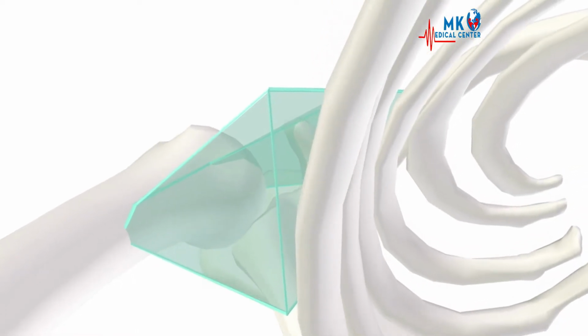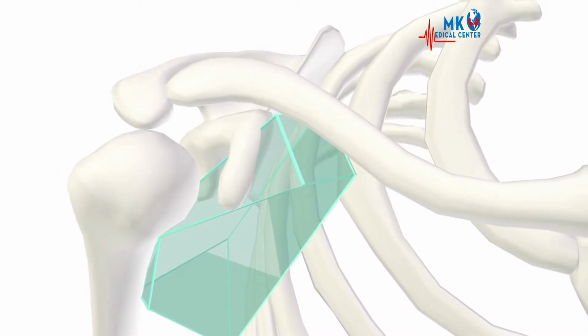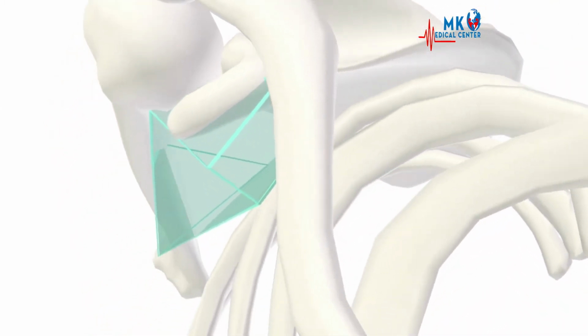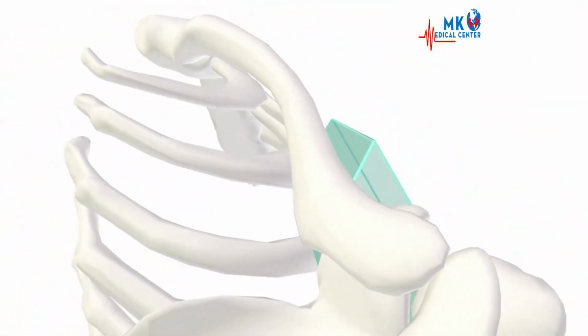The superior boundary is also known as the inlet of the axilla. This schematic model represents a simplified version of what we'll now draw out: the true borders of the superior boundary.